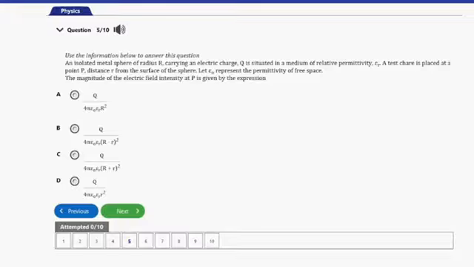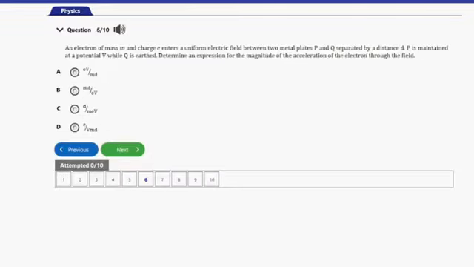So guys, the answer to this question is option A, that's Q over 4 pi epsilon naught epsilon r times the capital R squared, where the capital R is the radius of the isolated metal sphere. So that's it for this question, guys. Let's go ahead and consider the next question. So that's question number 6 here.